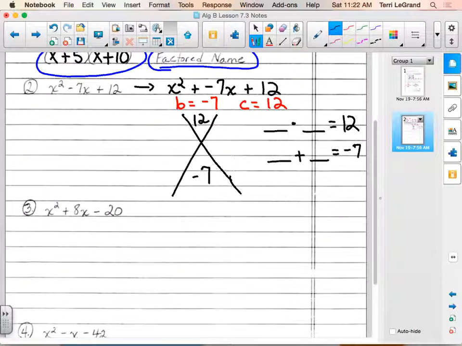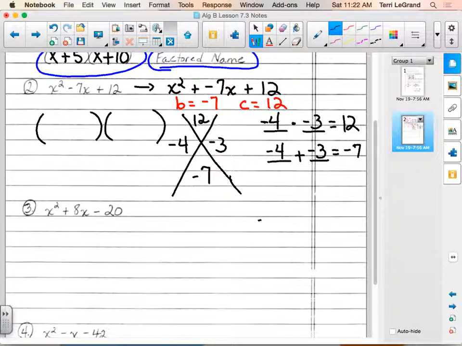So I'm going to go with -4 and -3. -4 times -3 is positive 12, and -4 plus -3 do add up to -7. So I have found the two numbers that work in my diamond, which are going to help me set up my two binomial factors.